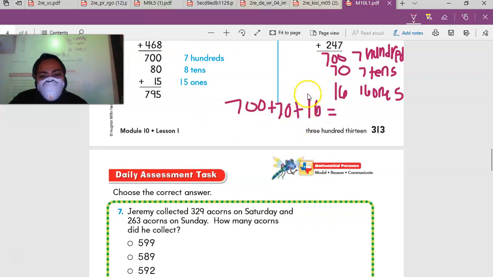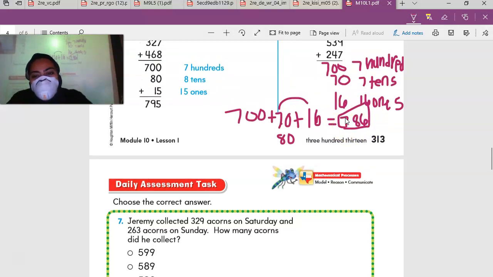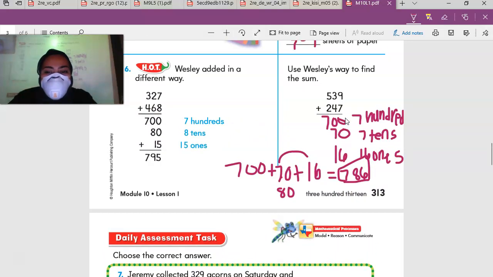What's 1 plus 7? 8. So this becomes an 80. So 786. I know that looks hard because there's a lot of numbers, but it's really not. It's just organizing the numbers.